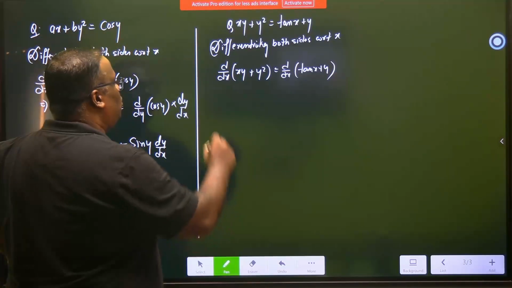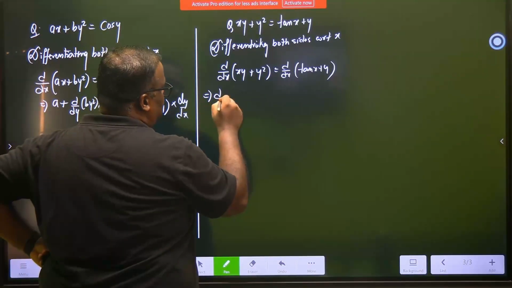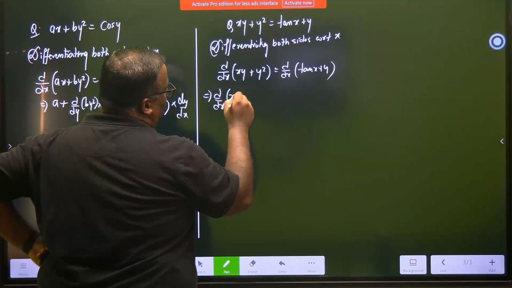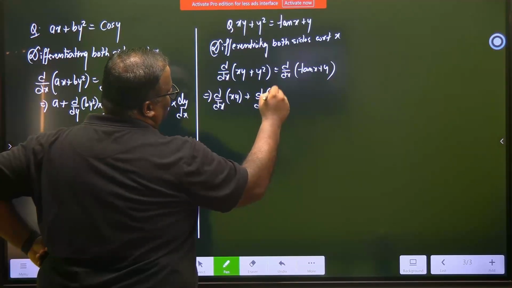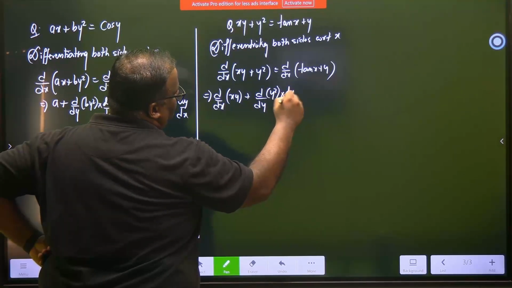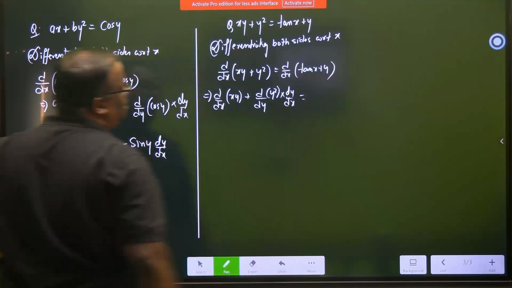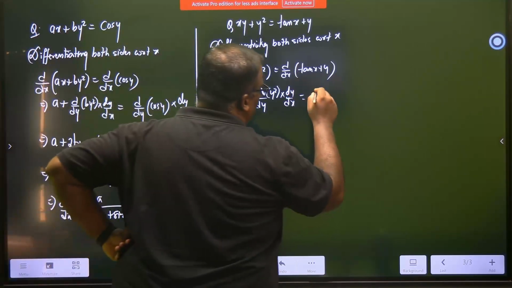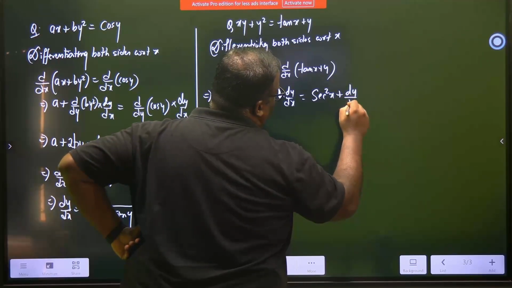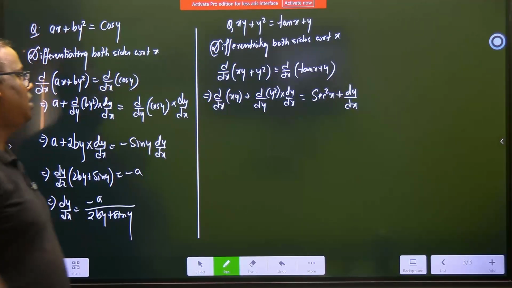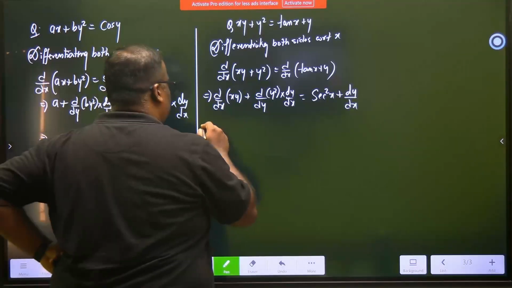So let's make it more baby steps. This is d/dx of xy plus d/dy of y square multiplied by dy by dx is equal to d/dx of tan x, which is sec square x plus dy by dx. Okay? Now let's break this.